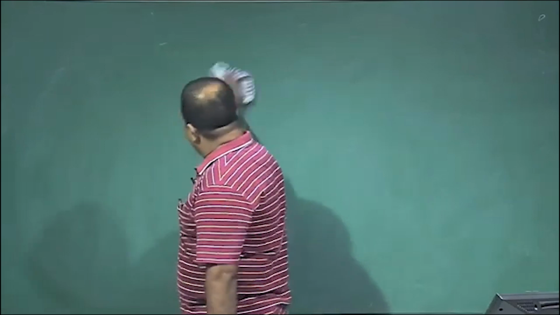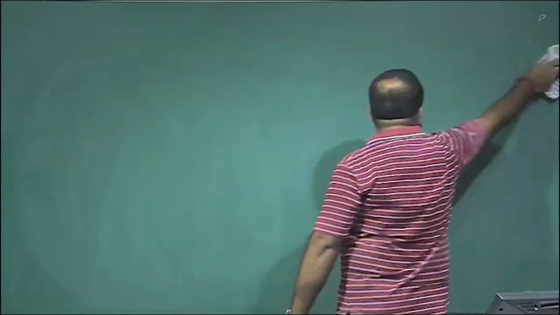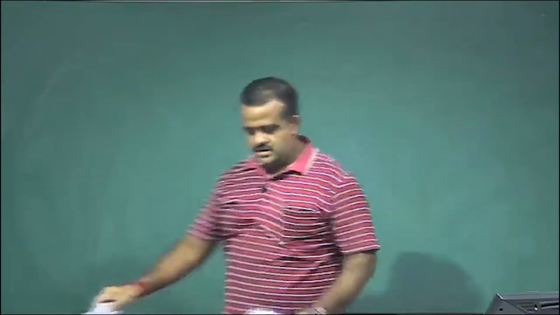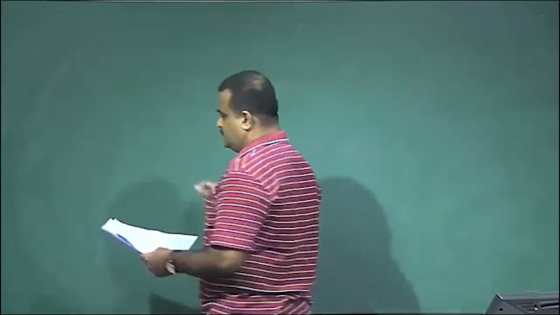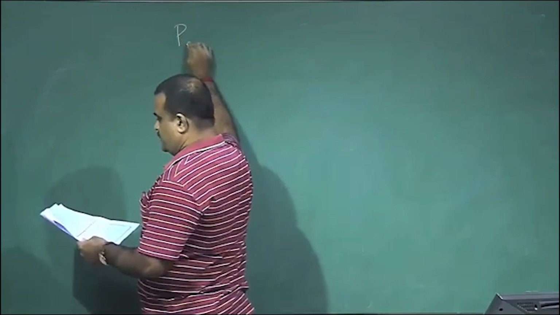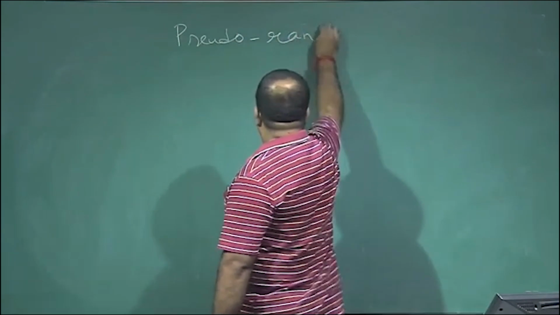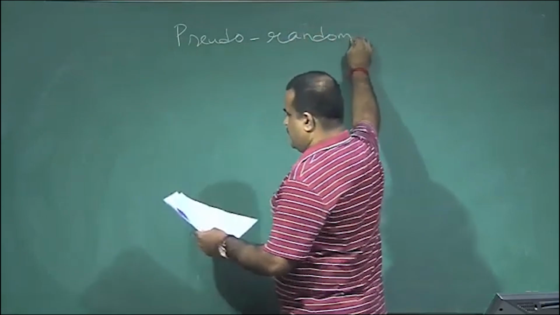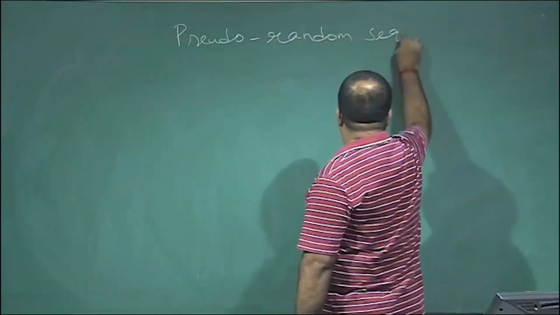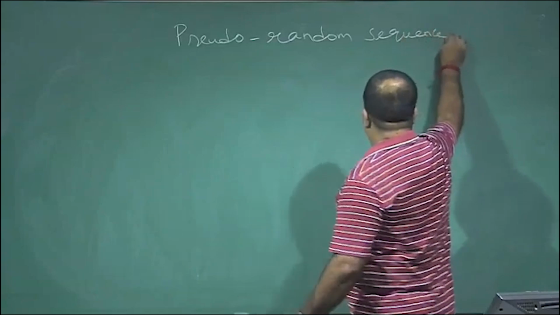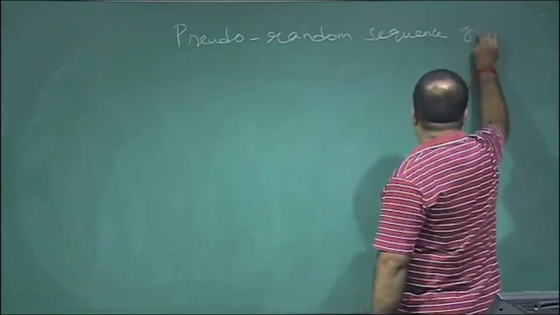So, the sequence we are getting from a key stream generator is called a pseudo random bit generator. Okay. So, pseudo random sequence generator.